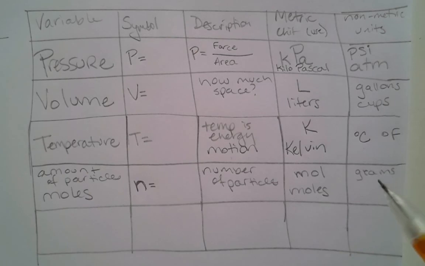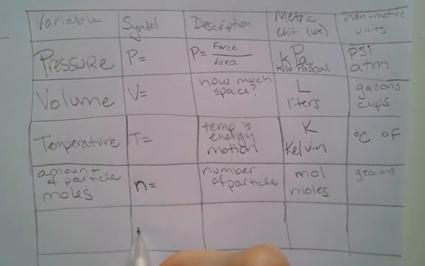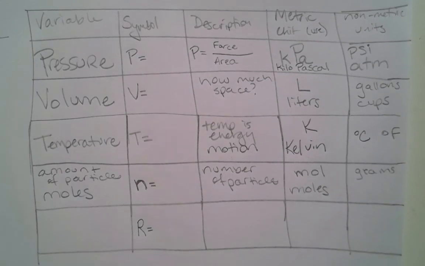The last thing on that list is the ideal gas law constant, which is not a variable, it is a constant. For right now, let's give you this and then leave it here for now. The elusive R. The elusive R is a constant.